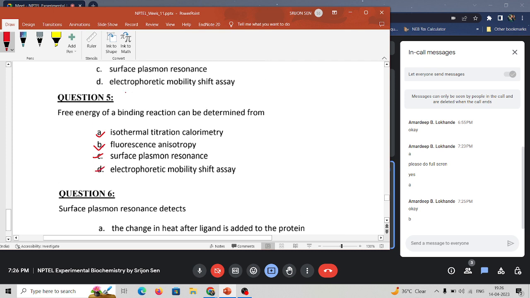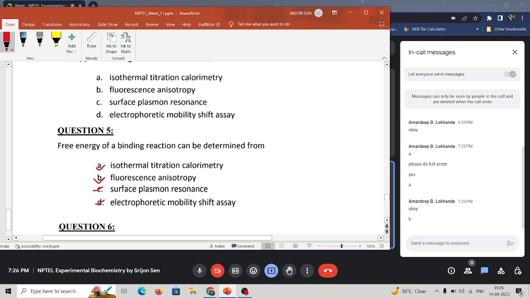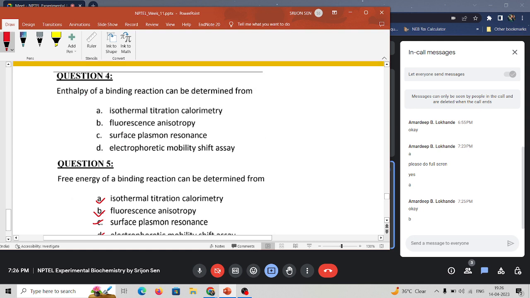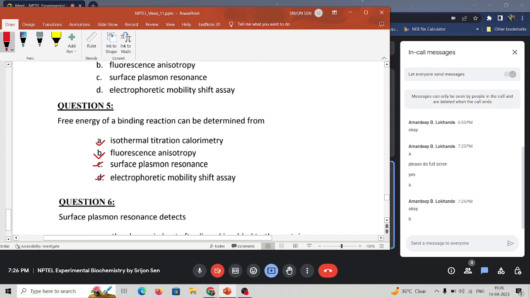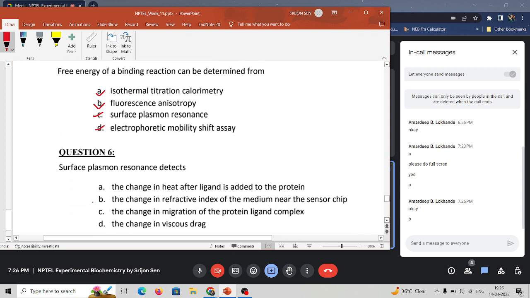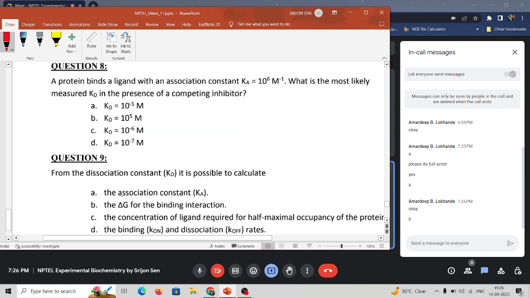Yes, you say B, that is the change in the refractive index of the medium near the sensor chip. Yes, that is right, so option B is correct. Okay, moving to the next set.